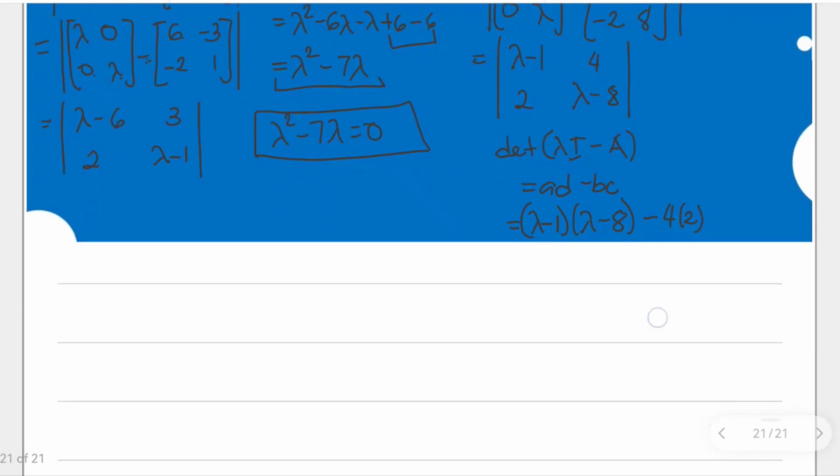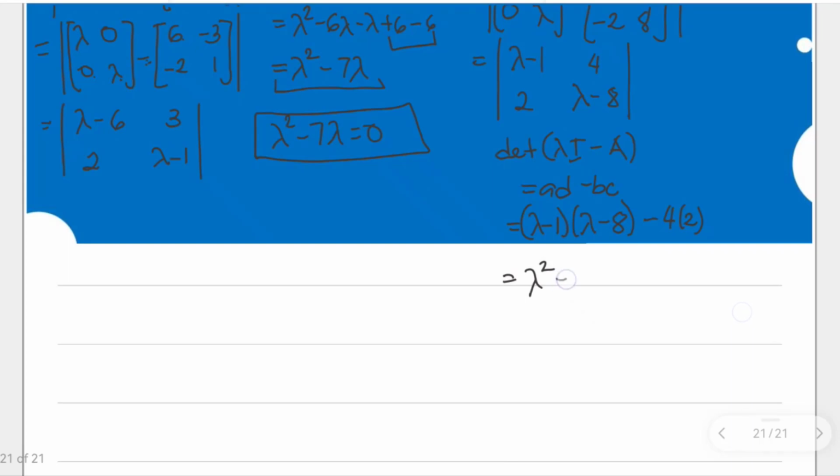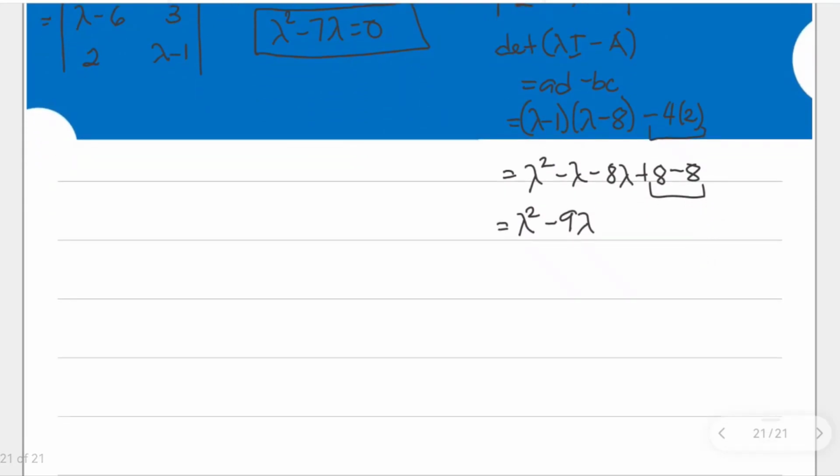Multiply that now: lambda squared minus lambda minus 8 lambda plus 8, and here minus 8, again this is 0. So your characteristic polynomial is lambda squared minus 9 lambda. Equating this to 0, lambda squared minus 9 lambda equals 0.